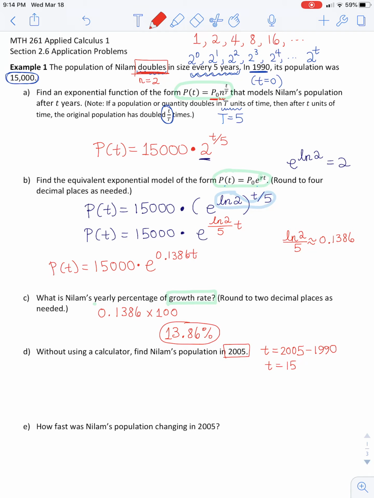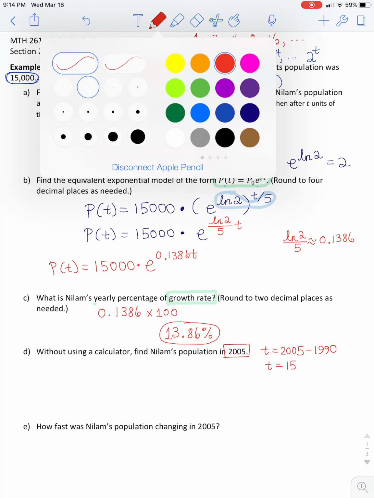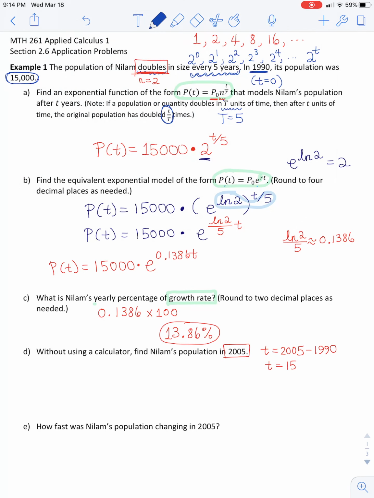And I think this one is what I kind of used up here in A to explain that little t over t. But notice that they said this population doubles in size every 5 years, right?